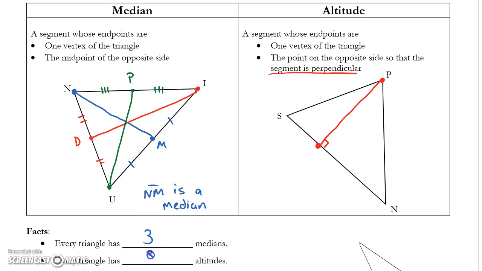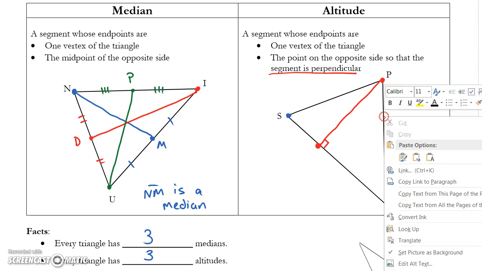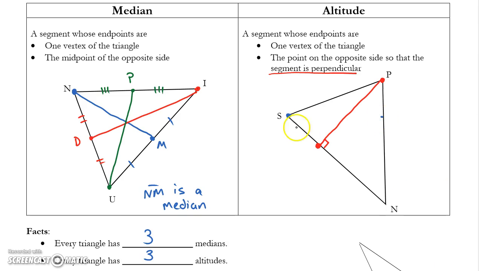And there are three altitudes because, again, I have three vertices. So if I start at my vertex S and I go perpendicular to the opposite side, then that would go somewhere around right here to give me a perpendicular. This point, again, has no meaning when it comes to dividing this side.